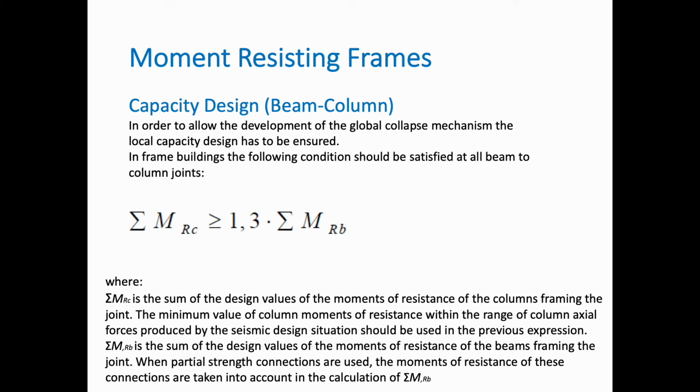In frame buildings, the following condition should be satisfied at all beam to column joints. The sum of the design values of the moments of resistance of the columns framing the joint should be greater than or equal to 1.3 times the sum of the design values of the moments of resistance of the beams framing that joint.